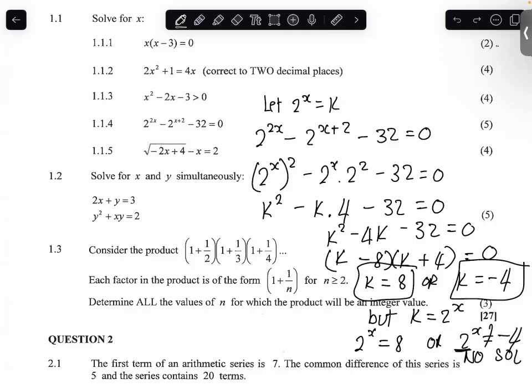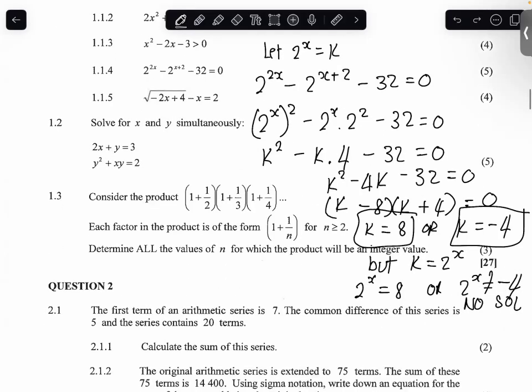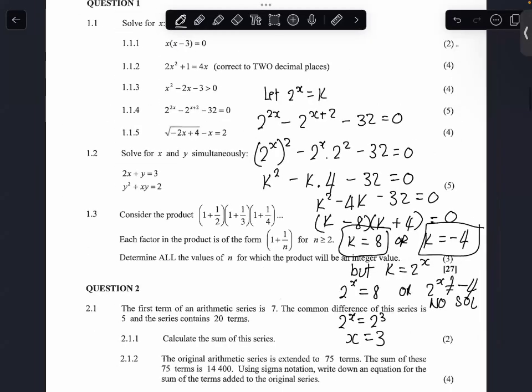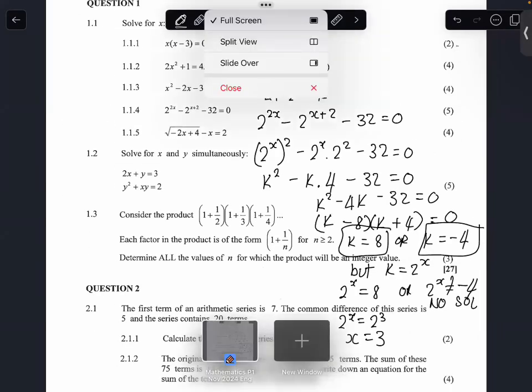So you have to cancel out that solution. For this one, you're going to prime factorize the 8. It gives you 2 to the power 3. Your bases fall away. x is equal to 3. Right, that was 1.1.4.